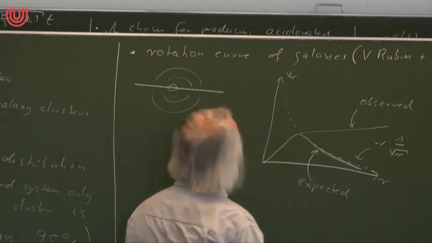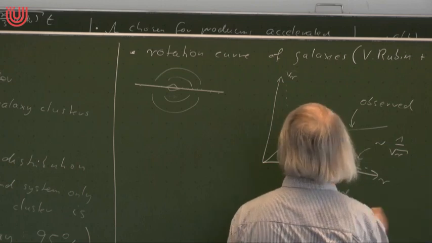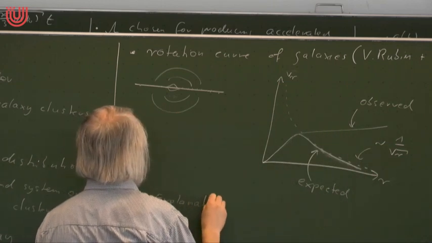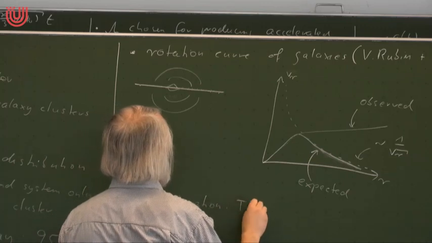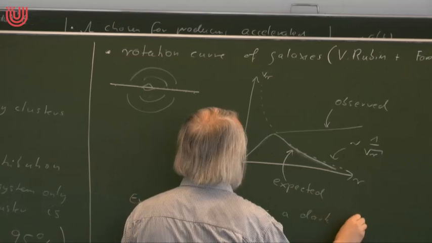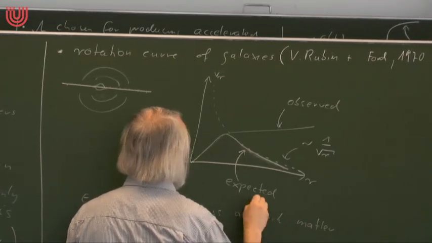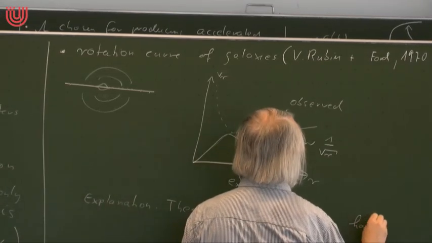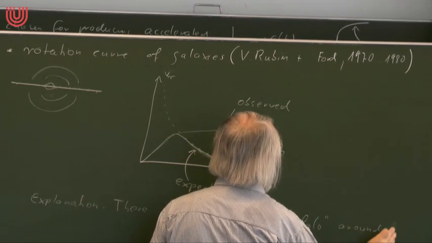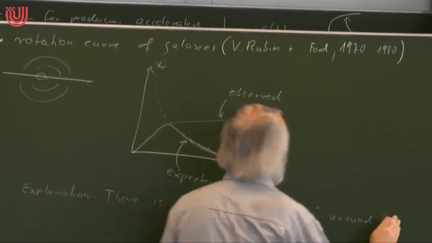So the explanation is there is a dark matter halo around the galaxy. Each of the observed galaxies.